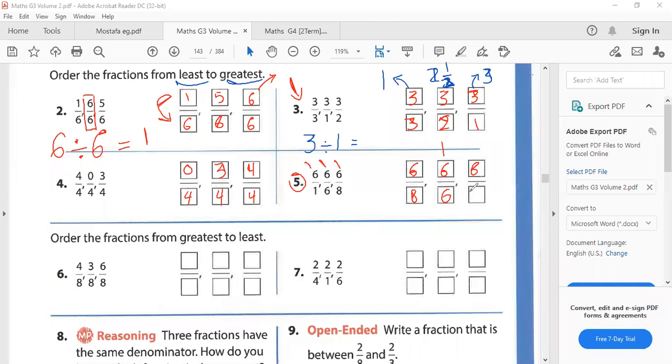Then 6 over 1, and 6 over 1 is 6 divided by 1 equal 6. Excellent. So we ordered correctly. So the fraction, then 1, then 6. It is like this. It is correct and it is perfect. Okay. Thank you, Abdullah. You're welcome.